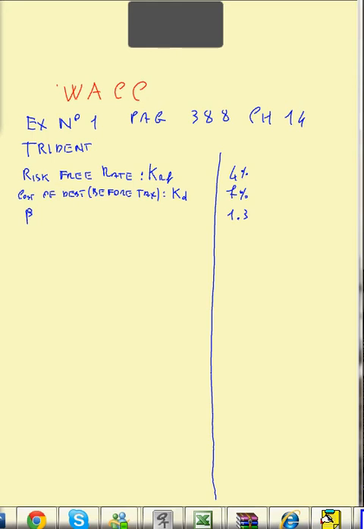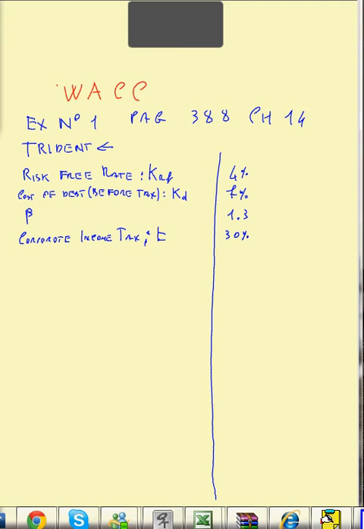Beta we can define as the linkage between the rate of return of the market and the rate of return of, in this case, Trident. Then we have the corporate income tax, we denote by T, and this is equal to 30% in the exercise.